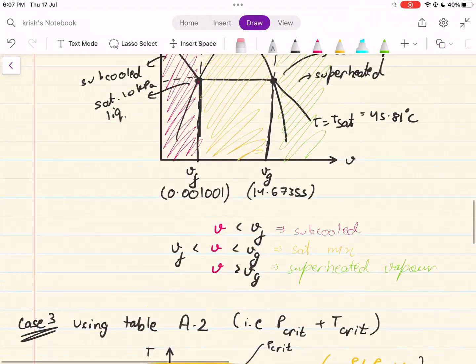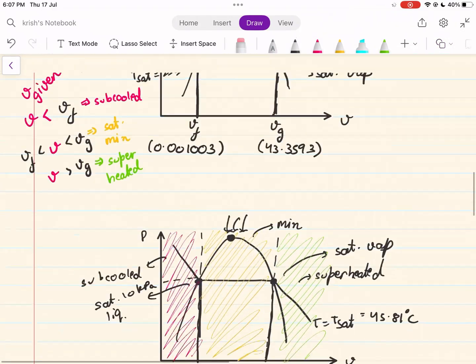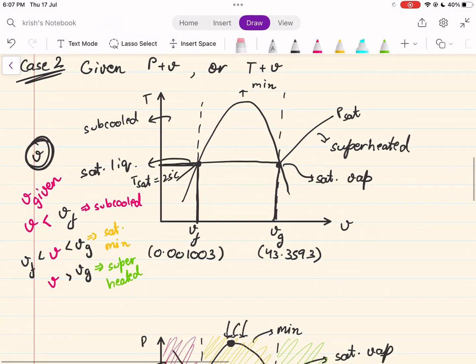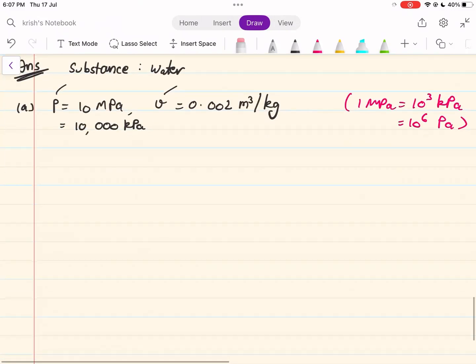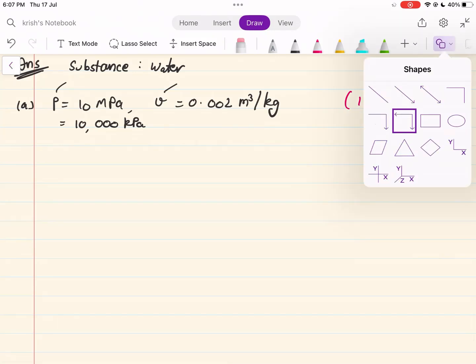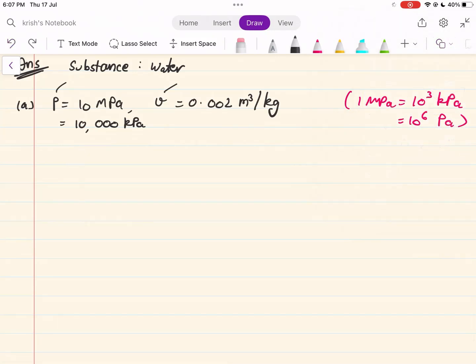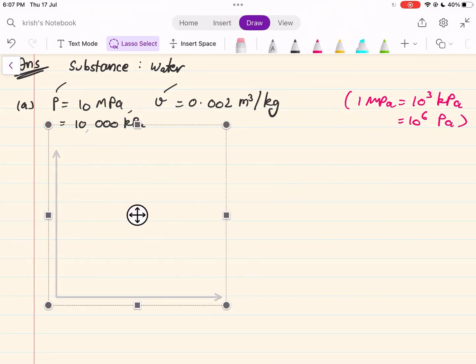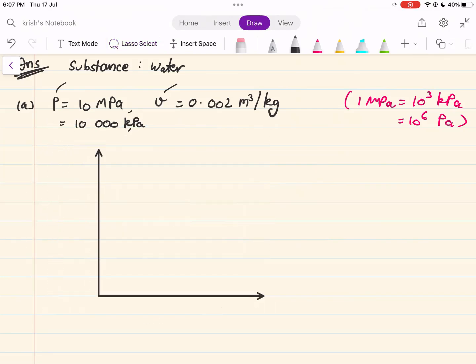So we will be drawing the TV diagram. Just a second. Yeah. So let us draw a 10,000 kilopascal line.